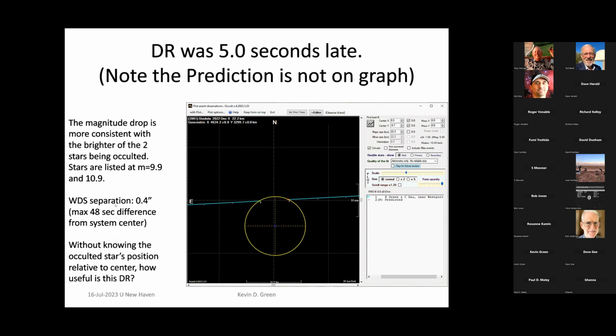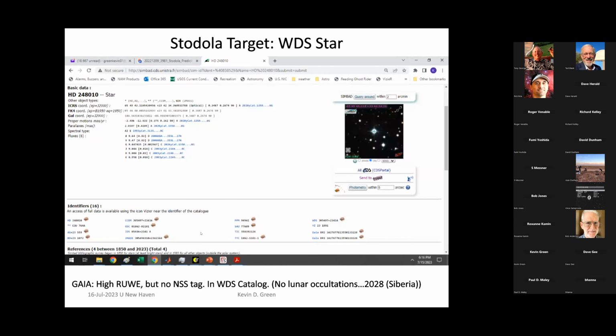From the Washington Double Star catalog, it's 400 milliarcseconds separation, which would correspond to a maximum difference in time of about 48 seconds, I think, for the star, is what I calculated. So going to Simbad, which I usually get via VizieR, but it takes me a while to get here to find the star.